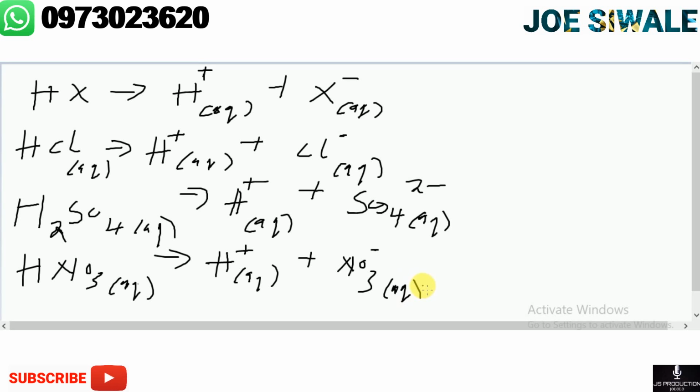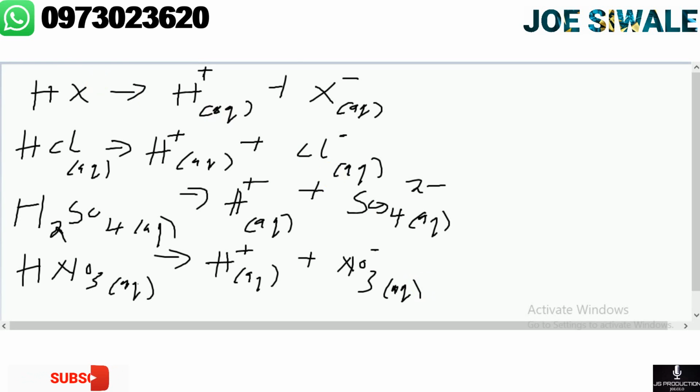ionization. But as this hydrogen ion is formed, it does not remain like that. It will usually combine with the water molecules to form a hydronium ion, and the hydronium ion gives the acid its properties.